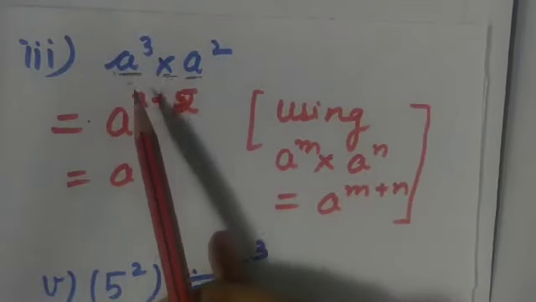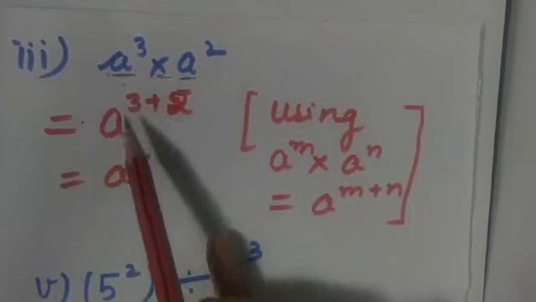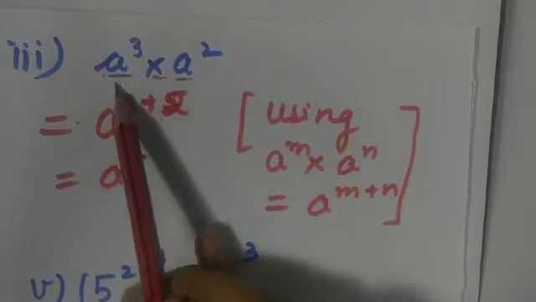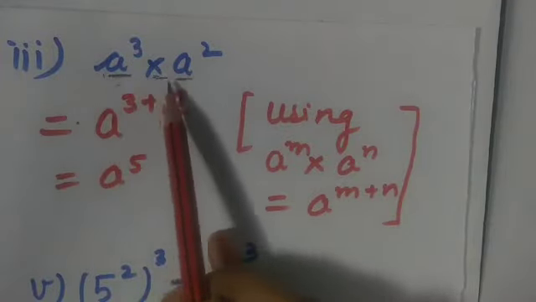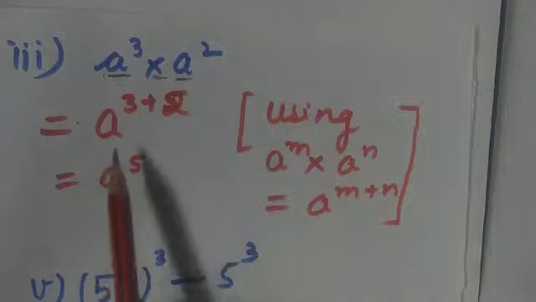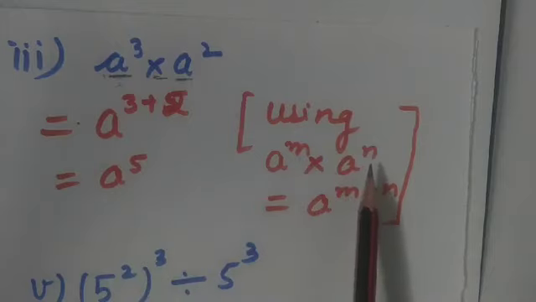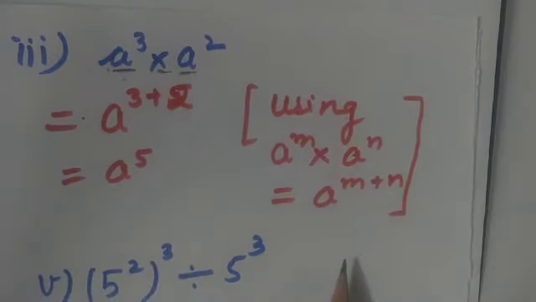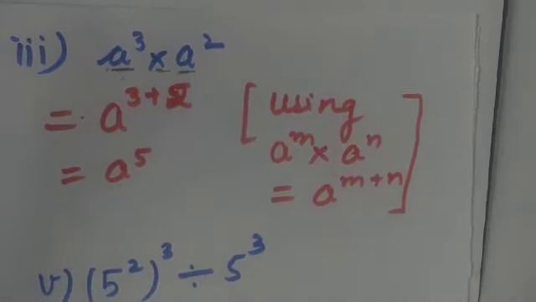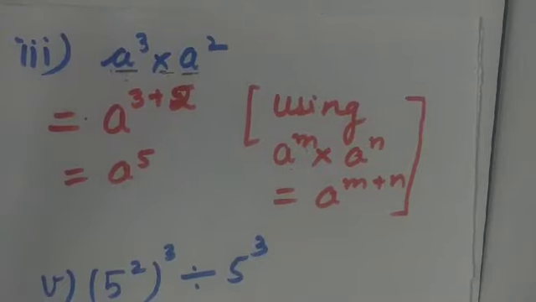So it will be a raised to the power 3 plus 2, that is a raised to the power 5, using a raised to the power m into a raised to the power n is equal to a raised to the power m plus n. Wherever you are applying laws of exponents, you have to mention that you have used this one.